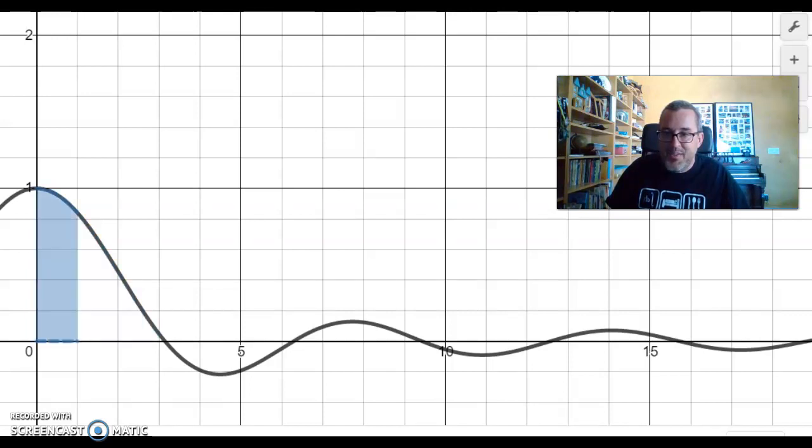Do you see how in this first chunk we've accumulated area kind of quickly initially because of the height of those rectangles you could imagine in there? But then we accumulate area, but not as quickly because the rectangles are getting shorter. And then we accumulate area even more slowly out here. And so the function you might imagine right now is the function that's increasing, concave down, increasing at a decreasing rate.